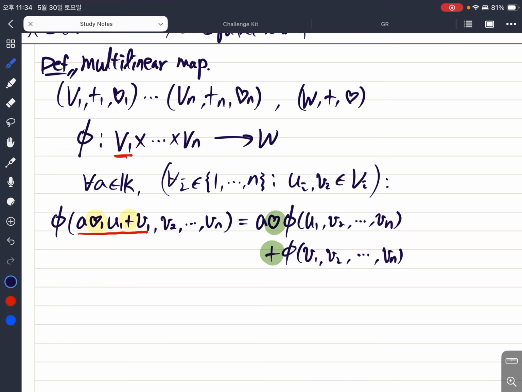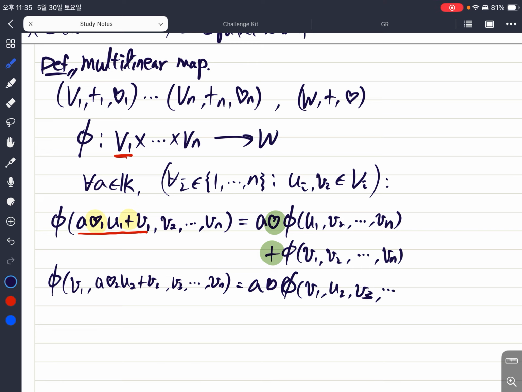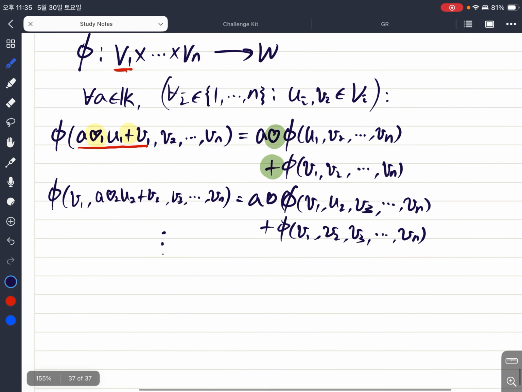And what we want is that this is also true for v1 comma a heart 2 u2 plus v2 comma v3 up to vn. This is also a heart phi of v1, u2, v3, ..., vn plus phi of v1, v2, v3, ..., vn, and this holds for every slot.